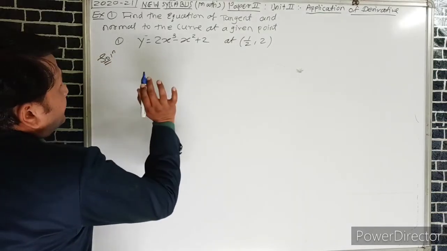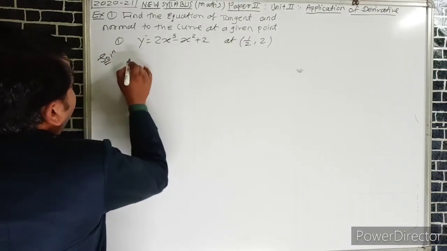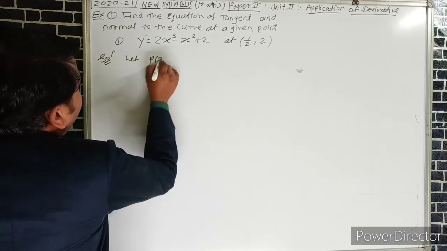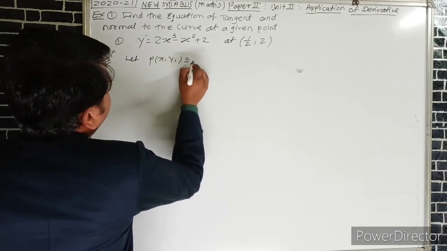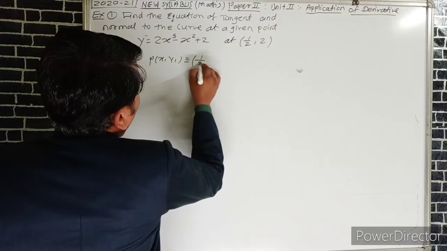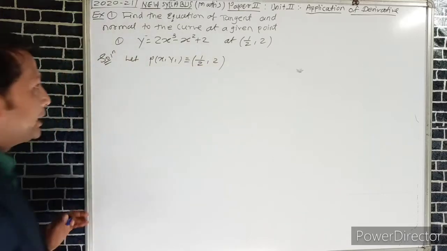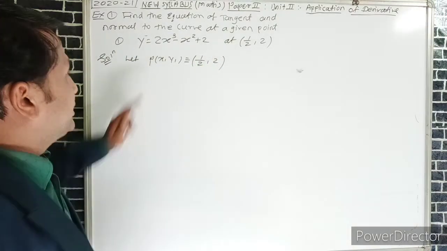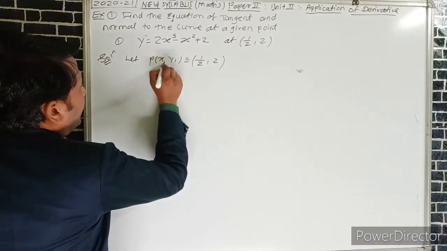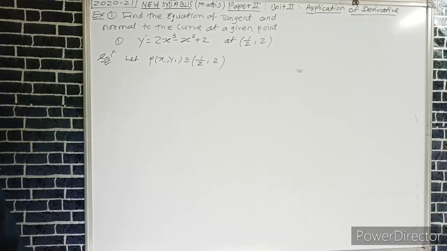By the given condition, let P (x1, y1) be represented by the values (1, 2). It means that x1 equals 1 and y1 equals 2.